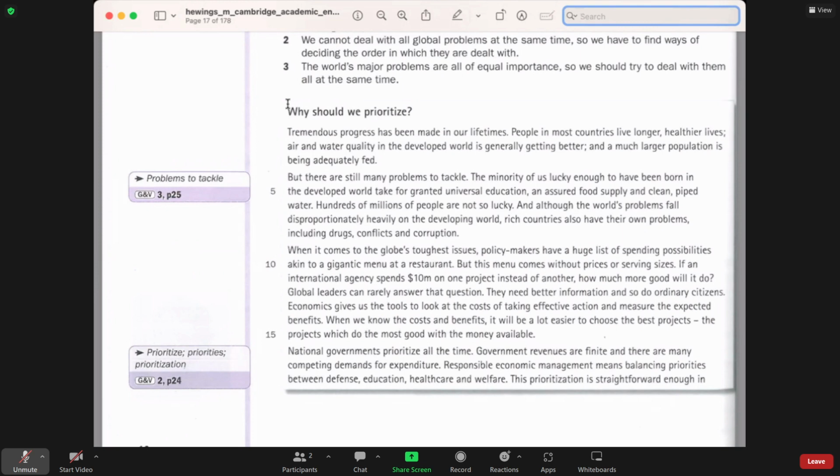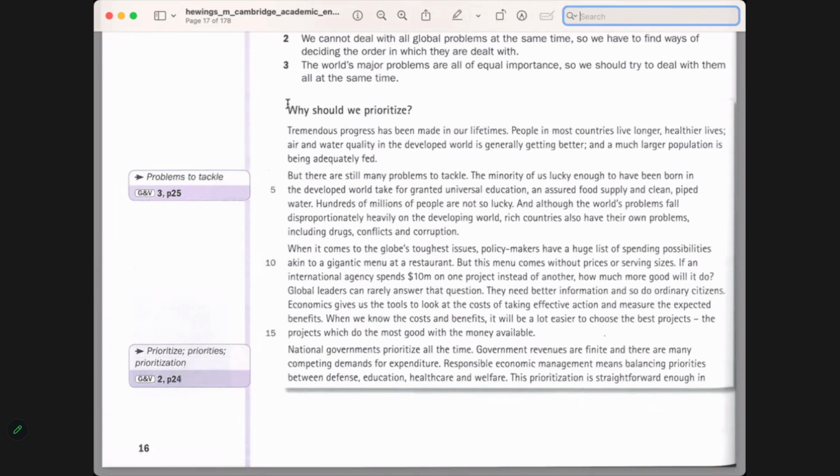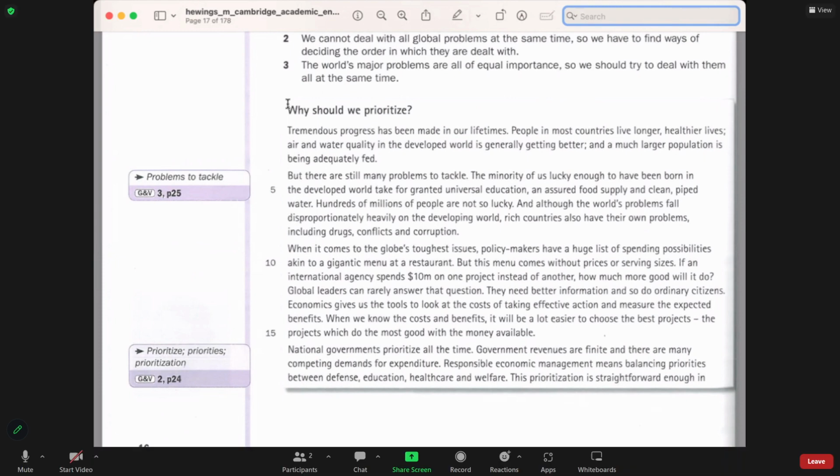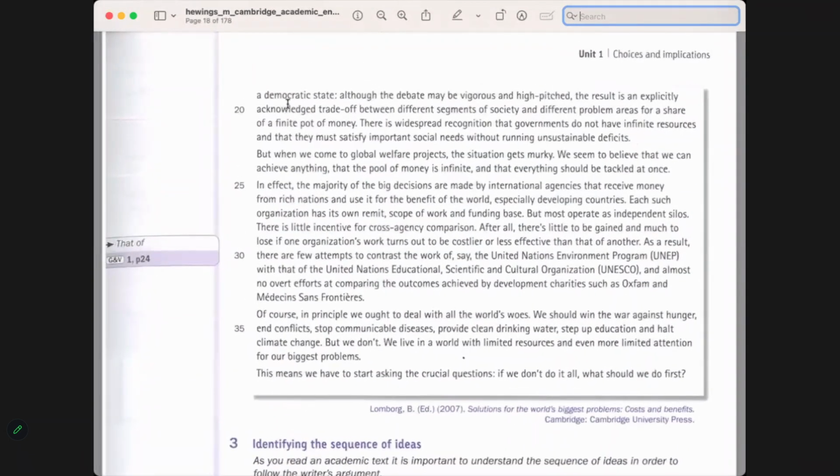Ready? So maybe don't read the whole text, okay? Don't read the whole text. So you have to develop your skill of skimming. And the second part.